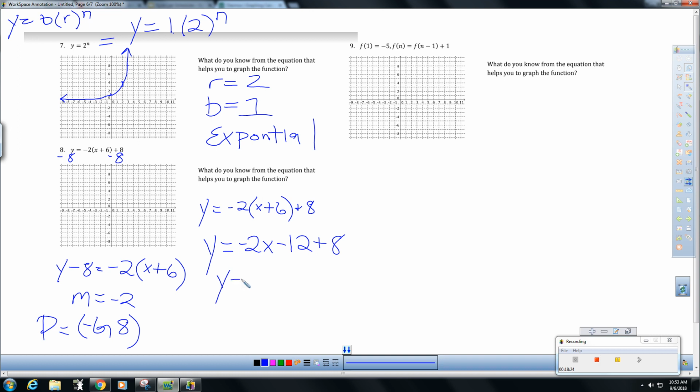So y equals negative 2x minus 4. Okay? And what's the slope? Negative 2, right? So over 1 down 2. Over 1 down 2.